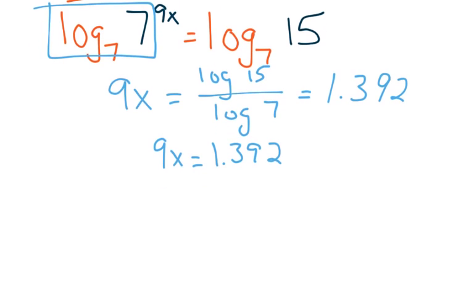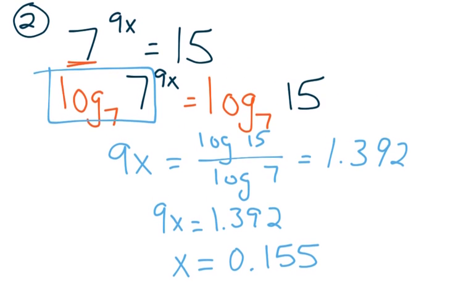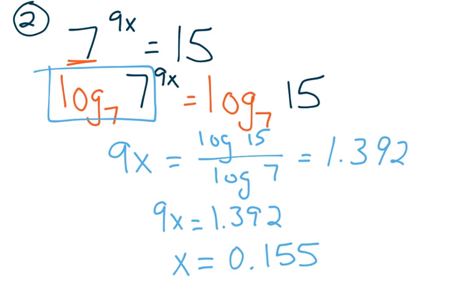We need to divide both sides by 9, and x should be somewhere in the neighborhood of 0.155. Okay, so if you're ever wondering if you have the right answer, go ahead and recheck it. If you do 7 to the 9 times 0.155 power, you should get something in the neighborhood of 15.